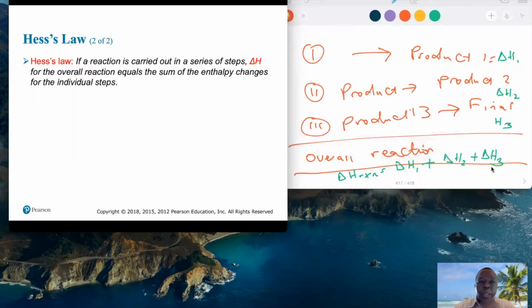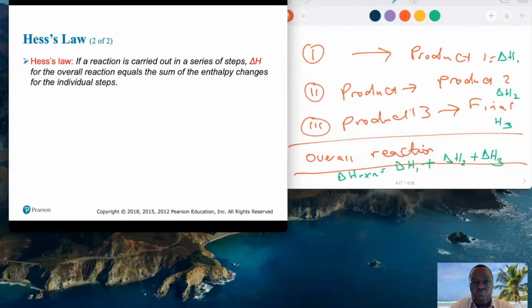And before we look at Hess's law, recall the properties of enthalpy of reaction. What do I mean by properties? It is extensive, which means it depends on the amount of the reagents.